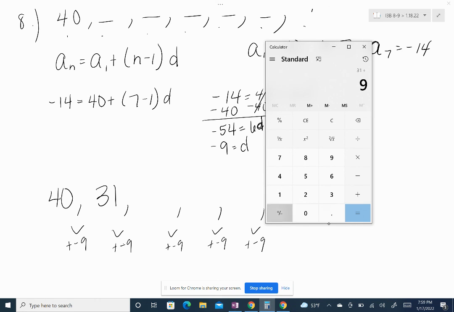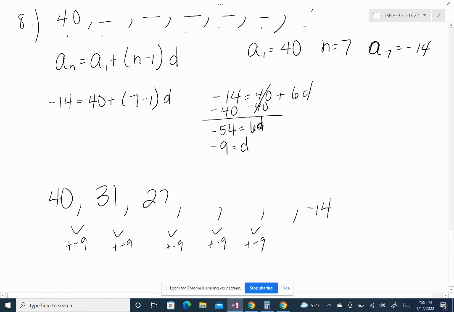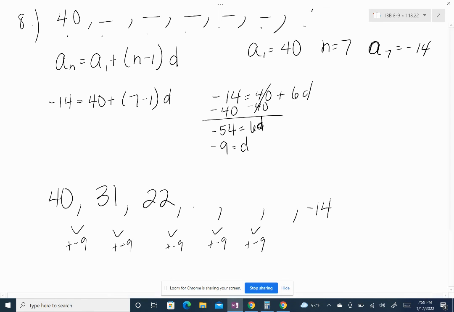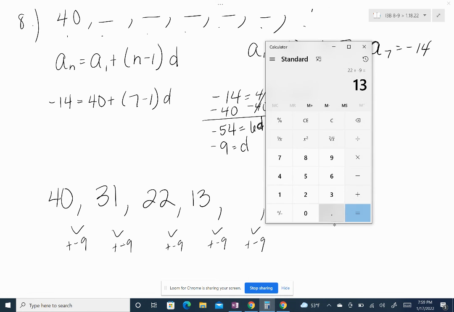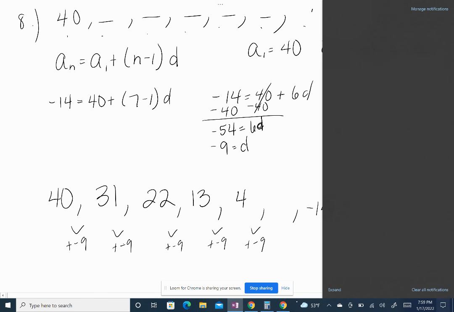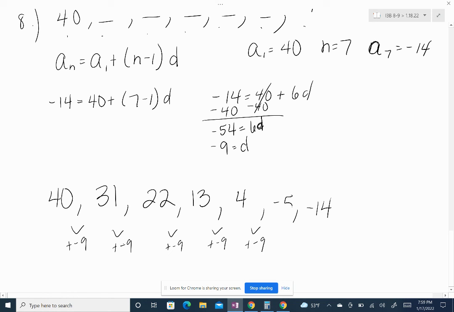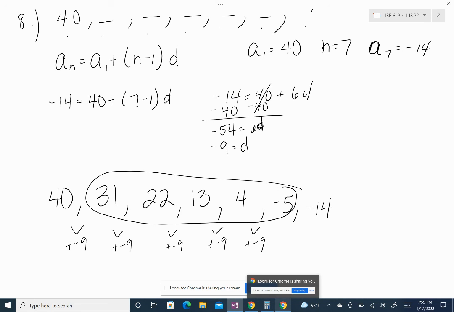Plus negative 9 gives me 22. Plus negative 9 gives me 13. Plus another negative 9 gives me 4. Plus another negative 9 gives me negative 5. So the answer is going to be 31, 22, 13, 4, and negative 5. Essentially, we're using the same formula we used last time. All we're finding is d, and then continuing the pattern for those blanks.